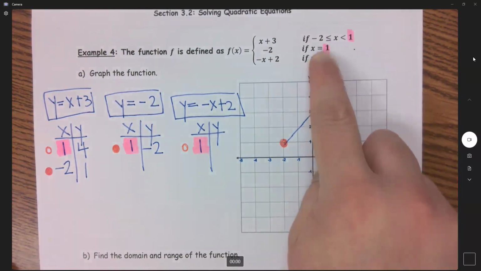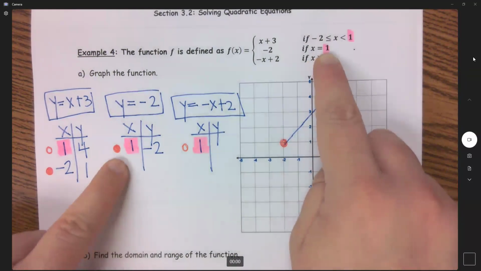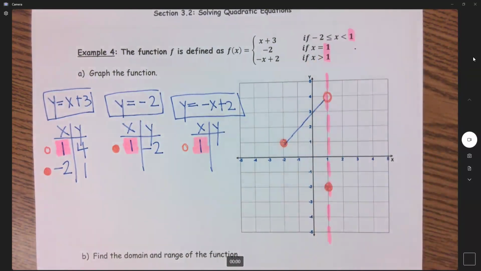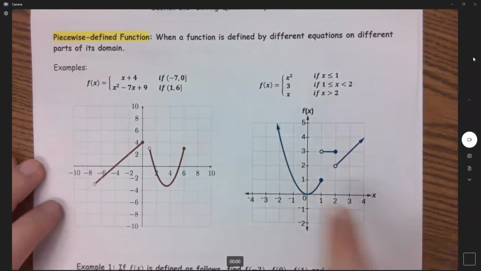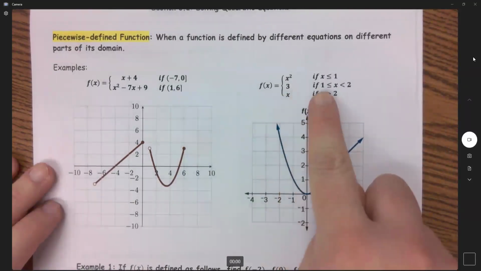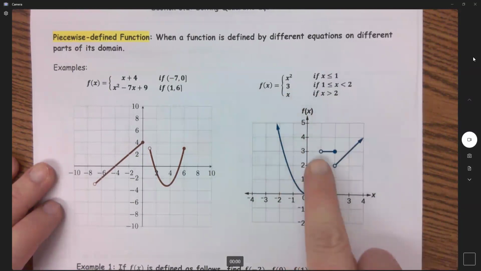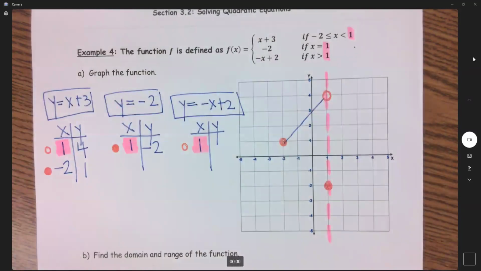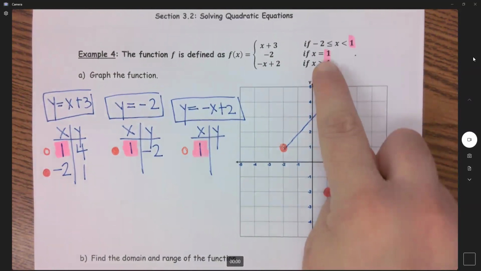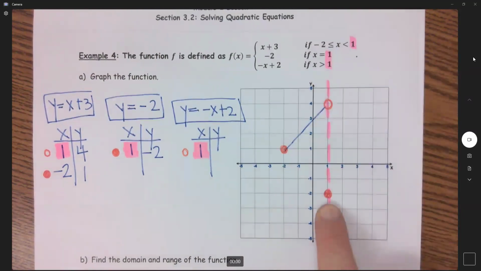Because it's only when x equals -1, it's just this one point. On this first sheet that we did, when I had a constant, it was going between two numbers. So it had a little bit of a horizontal line. But because this one is only when x equals this one point, we have this one random dot on our graph.